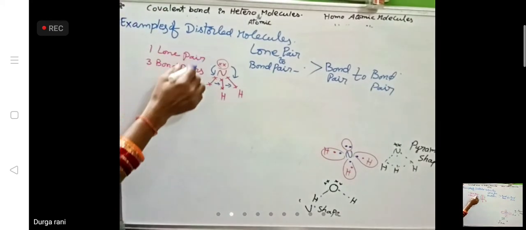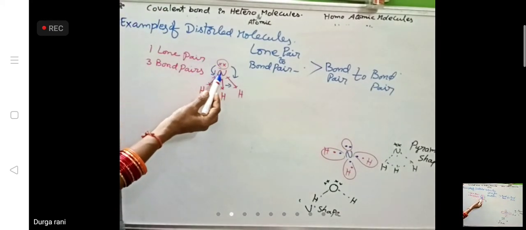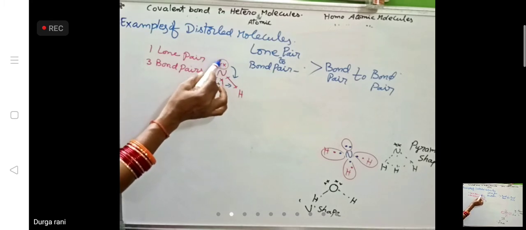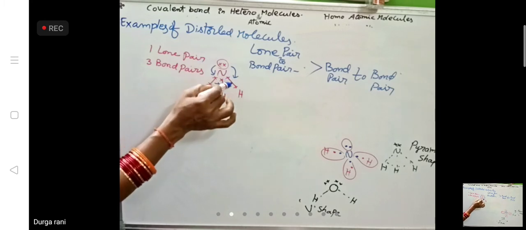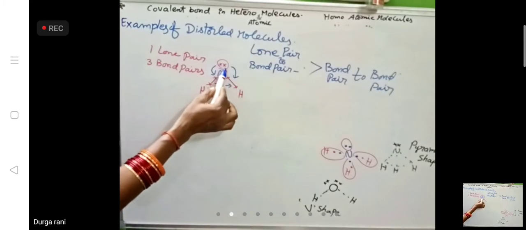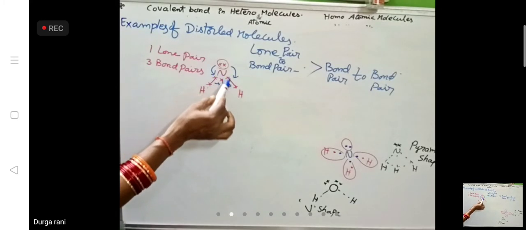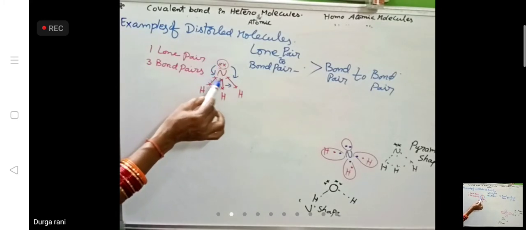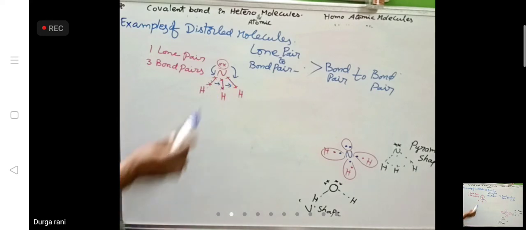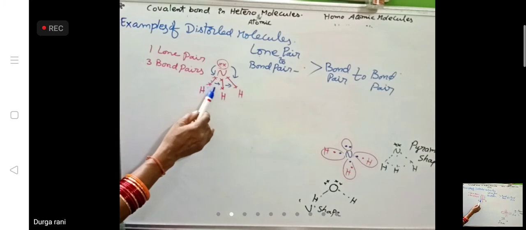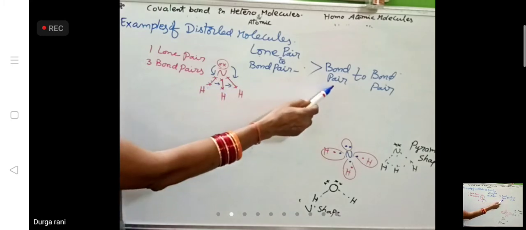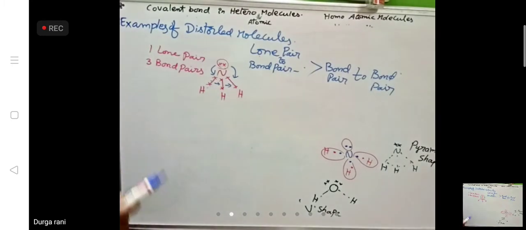How many types of repulsive forces? Because these are all electrons only, they possess a negative charge. So this electron cloud may extend and its influence will fall on this side and this side. So there is a repulsive force between lone pair of electrons and bond pair of electrons. This is the lone pair, this is one bond pair, and this is one bond pair. It is always greater than repulsion between these two bond pairs. This is one thing we are supposed to learn.